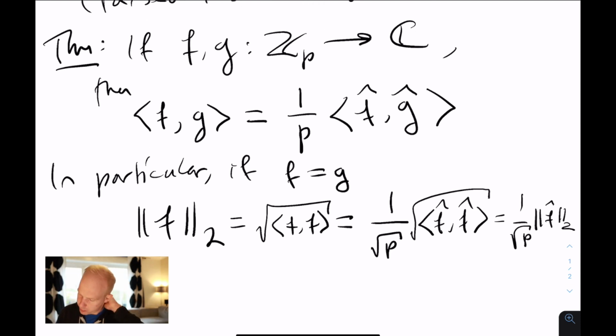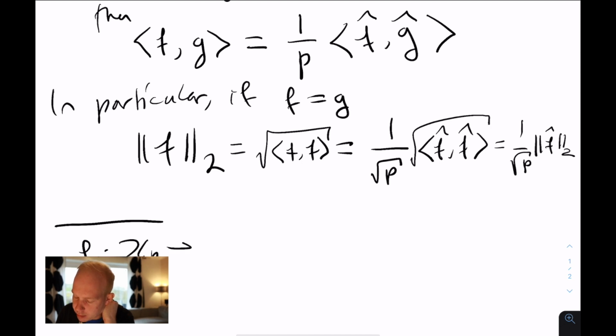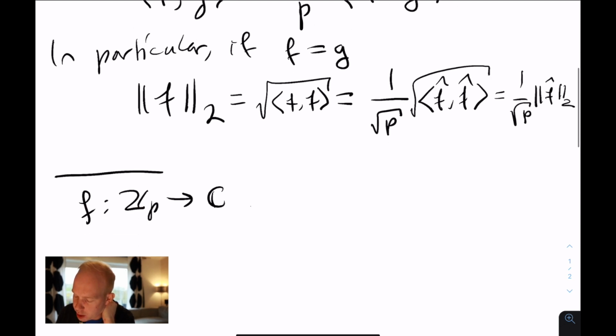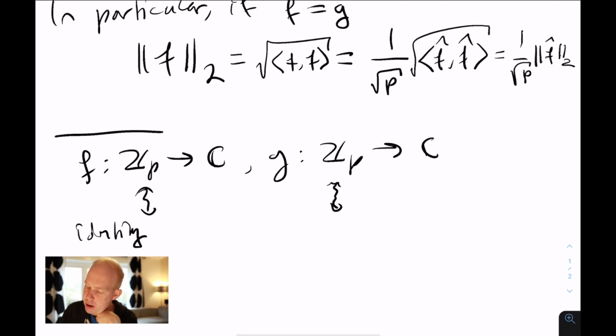So let's look at this a little bit. What it's saying basically is that remember you have this function f from Z_p to C, and if you have a g function from Z_p to C, you can think about them as vectors in C^p.